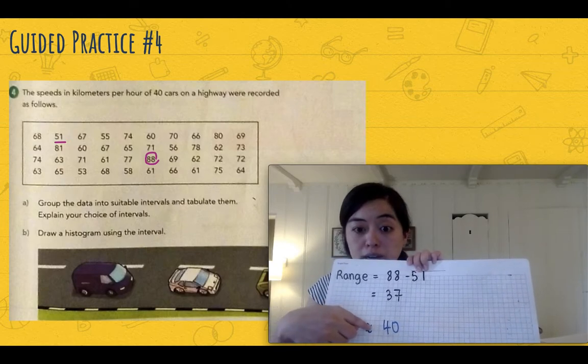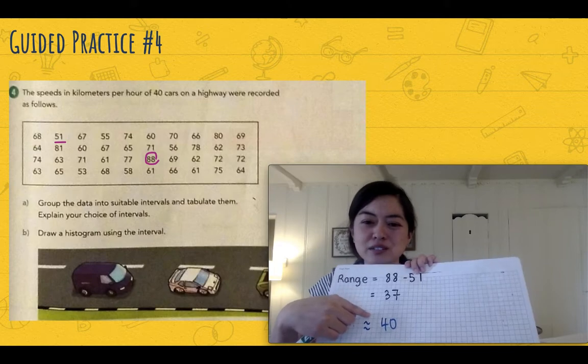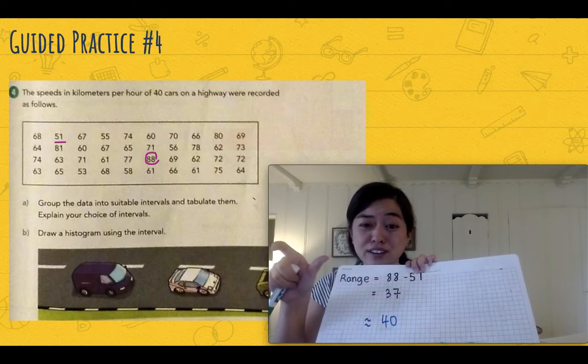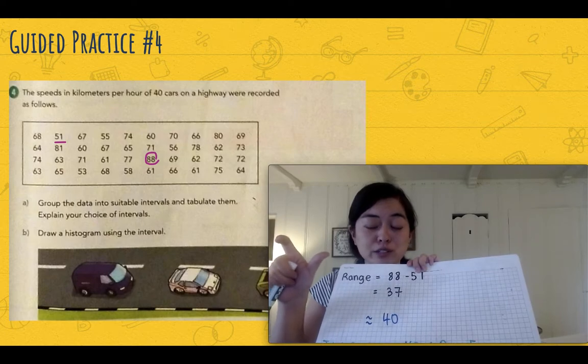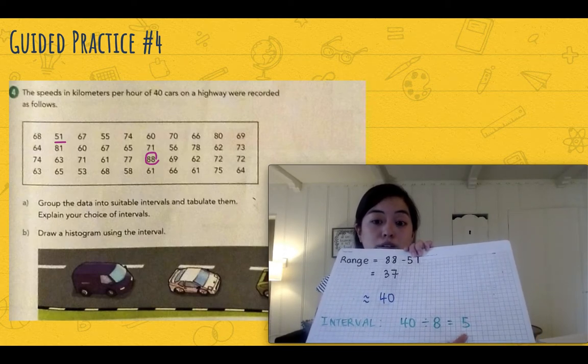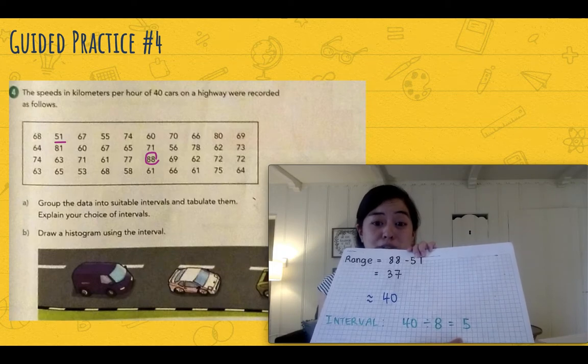Now from here, I think I want an interval where the length of the interval is 5 kilometers per hour, okay? And for me to get 5 kilometers per hour, I have to divide 40 by 8, right? So I'm going to have 8 intervals where the span of each interval is 5 kilometers per hour.